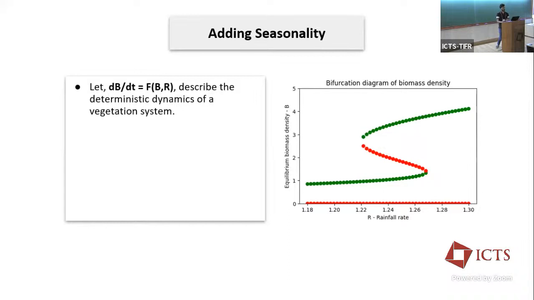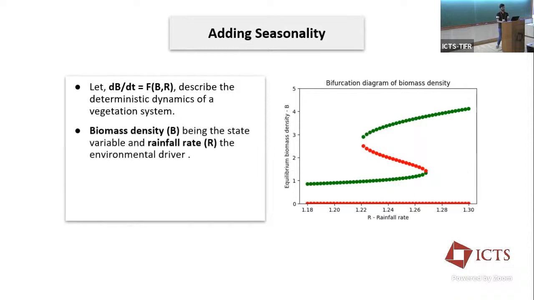So consider a vegetation system following dynamics with a bifurcation diagram as shown here. Here the biomass density is changing in response to the driver, rainfall rate.